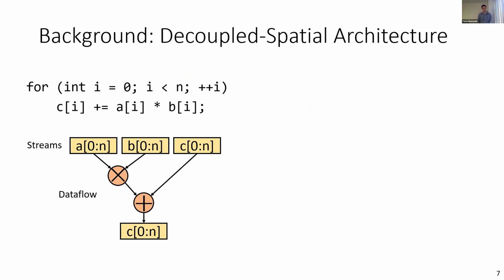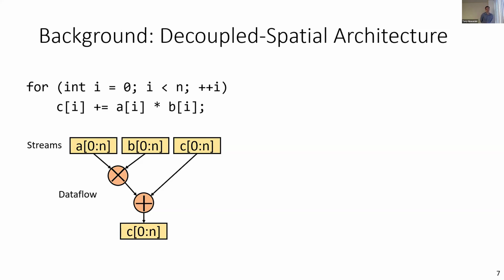This is a very simple program on the left. It is just a vector multiply and accumulate. And the decoupled data flow representation of that program is shown below it. What we're doing here is separating out the memory access in these little yellow boxes. Each yellow box captures the entire memory access pattern for that loop.